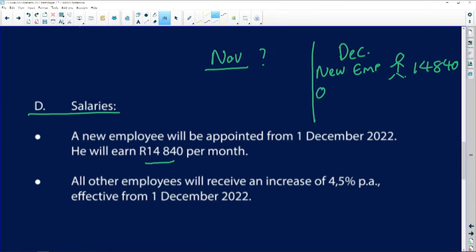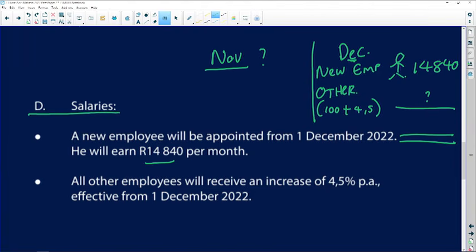Right, so other employees. Okay, so they received an increase, so they get 100, what they were getting, plus a 4.5% increase. Okay, so let's firstly look at, in December, in total, how much are we paying all our employees, and then we will work out how much the old employees actually earned in December.